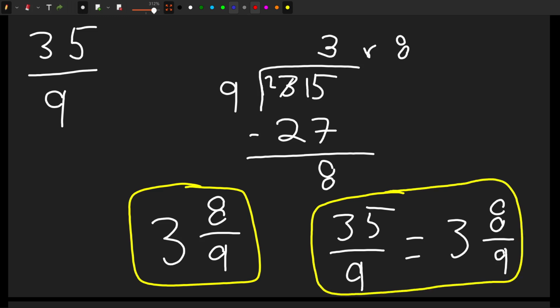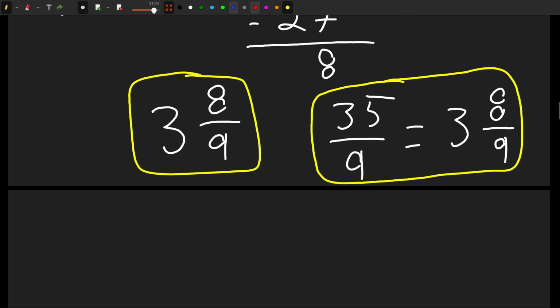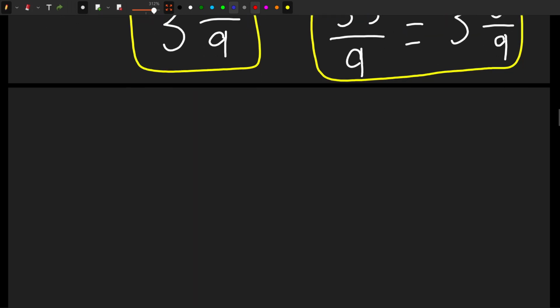Okay. Now there's one last thing. I told you how to convert an improper fraction to a mixed number. There's also a way to take a mixed number and convert it to an improper fraction. And so in order to do that, it's really more by example. There's not too much of a definition here. But to convert from a mixed number to an improper fraction, I will perform the following set of operations.